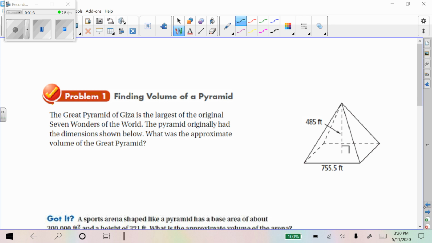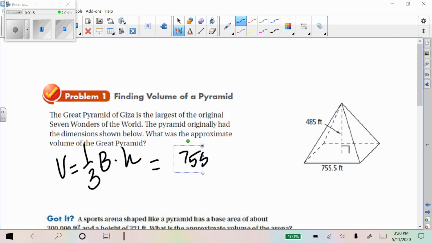So what we're going to do is find the base area times the height, and then we're going to do 1/3 of that, or divide that by 3. So the base area, since this is a square pyramid, is going to be 755.5 squared. That's the base area. We're going to multiply that by the height, which is 485.